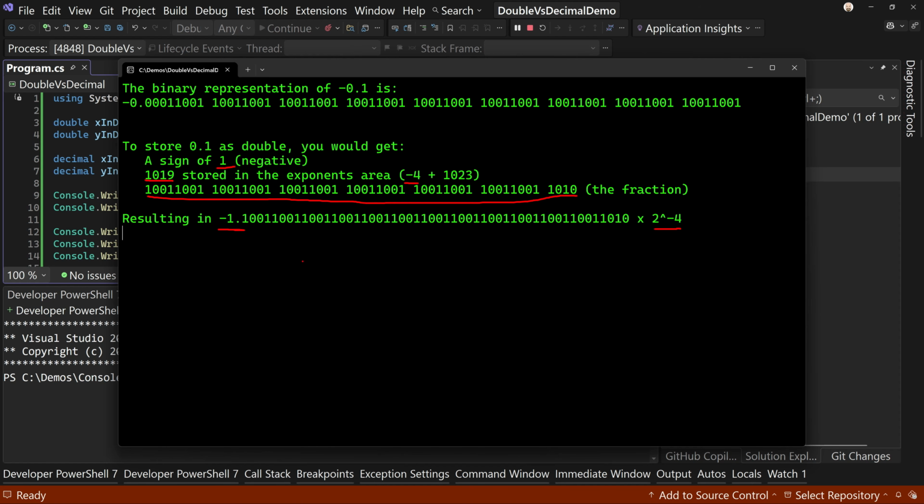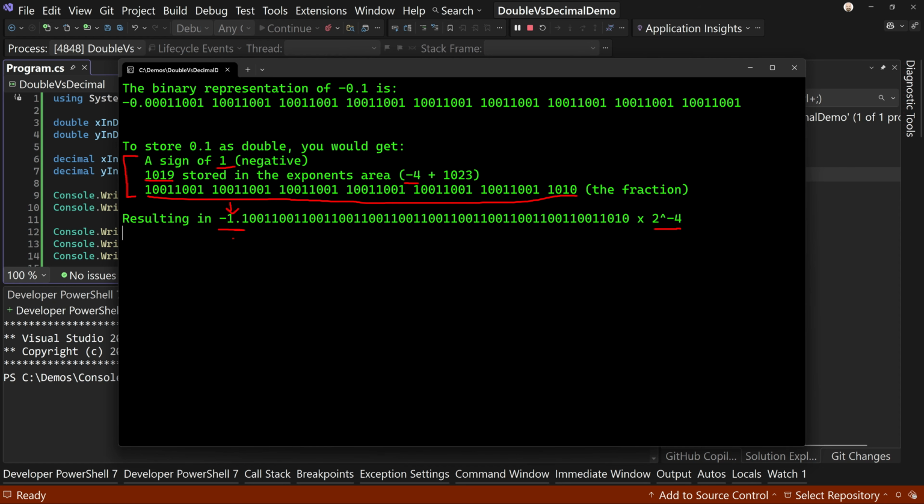I also want to point out, we're starting with a 1 here, but that's not actually stored in the actual double. We have the sign of 01, we have the 1019 for the exponent, and we have the fraction, but the fraction doesn't contain this first 1.